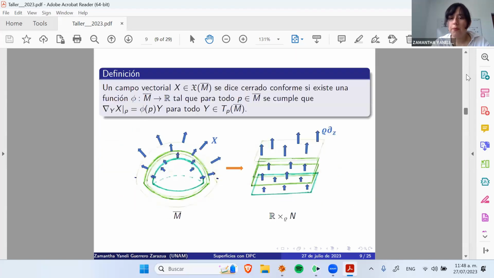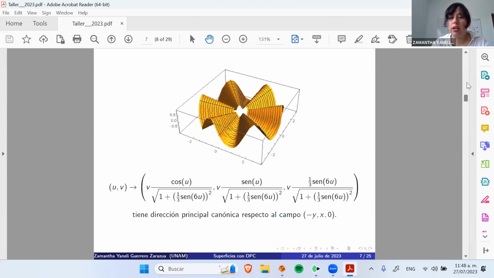For instance, I was only able to find one article where they started working with canonical principal direction with respect to a Killing field, and that was one by Tejero. But it seems like there could be a lot there, and this example is actually one that I was able to come up with, and so I have a general idea of what I would like to do there. So no, yes, there's a lot still to do.